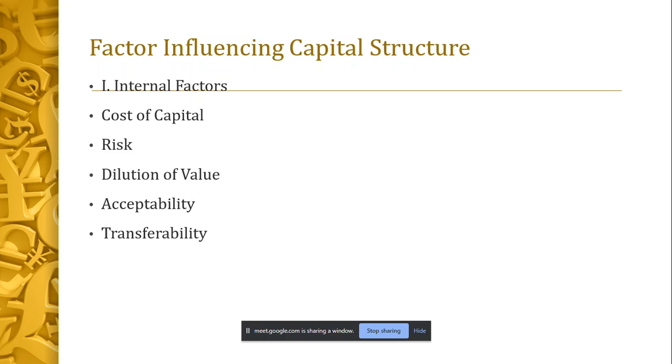Whenever investors have this option of transferability, that is, they can buy the shares whenever they need, and if things change and they do not want them, they can sell them to someone else, then they might be willing to invest more in your organization. And that's how the transferability nature of your capital also influences your capital structure.